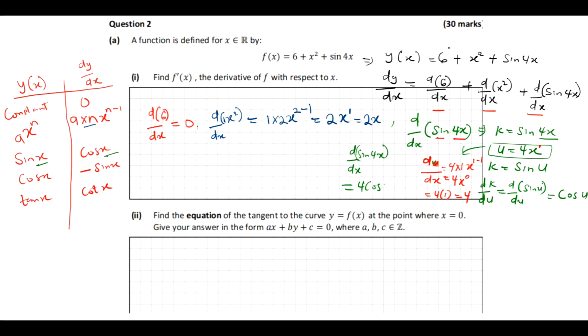And don't forget my U is 4x, so 4 cos 4x. So that's the differential of it.